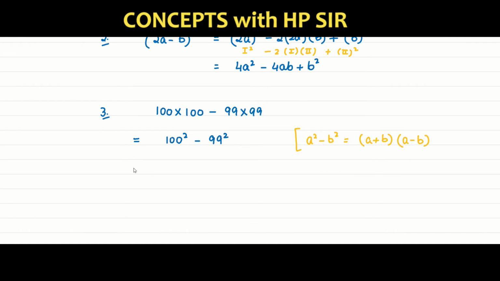Hence we can write this down as (100 + 99) into (100 - 99), the sum of the two terms into the difference of the two terms. So this will become 199 into 1, hence the answer is 199. So that is how we will use the third identity, a square minus b square equal to (a + b) into (a - b).